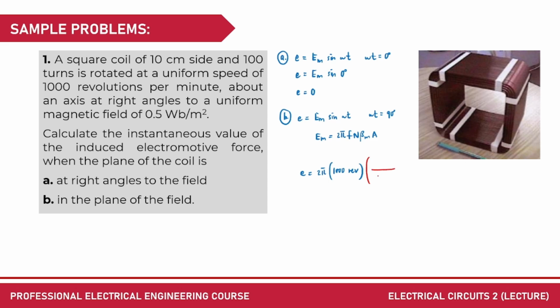So one revolution is 2 pi radian, and we would have radian per second. Or let's convert it more to hertz so that it will not give us a problem later on.